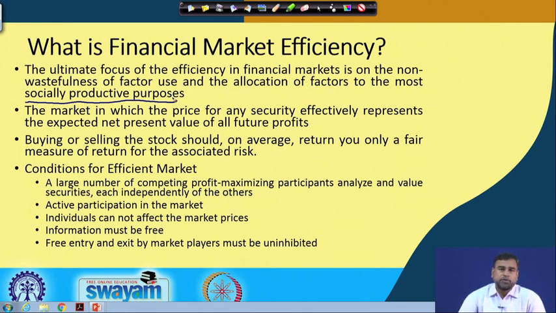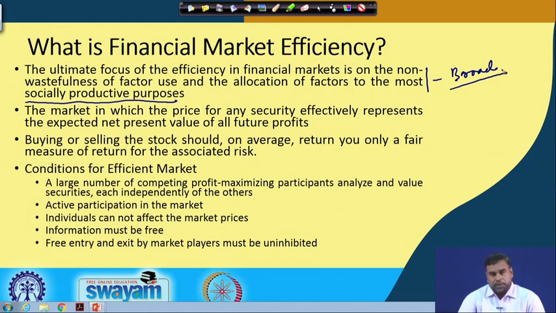If you can maximize the welfare using these scarce resources, we can say that the system is efficient, but if you are not able to, then we can say that the particular system is not efficient. So, this is a broad meaning of the concept of market efficiency, which talks about the efficiency and productivity of the resources we have.